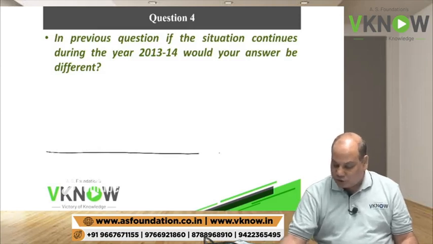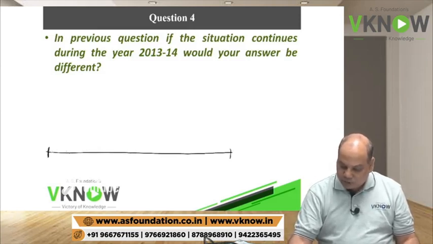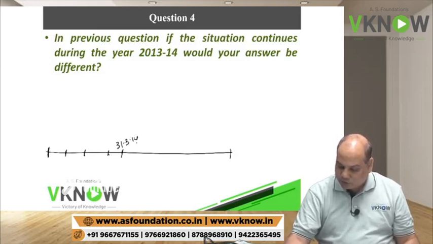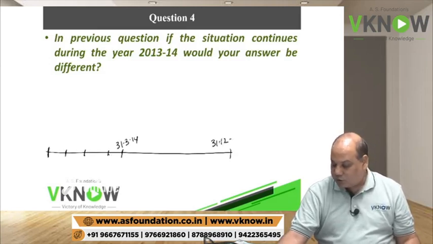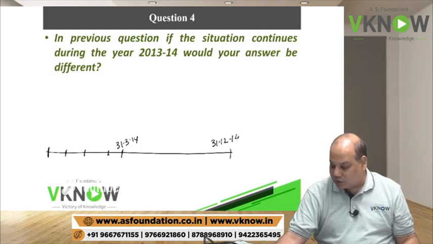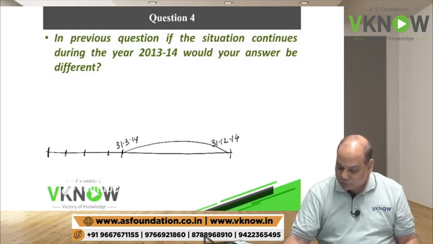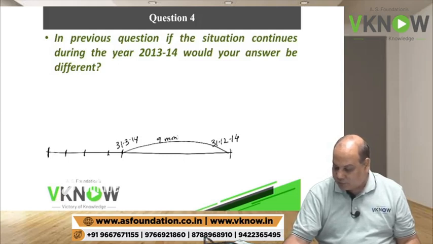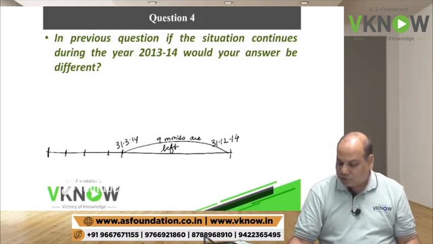Now I am going to change the question. We are standing on 31st March 14. The contract will expire on 31/12/14. Only 9 months are left, and there is no other business proposal in hand.